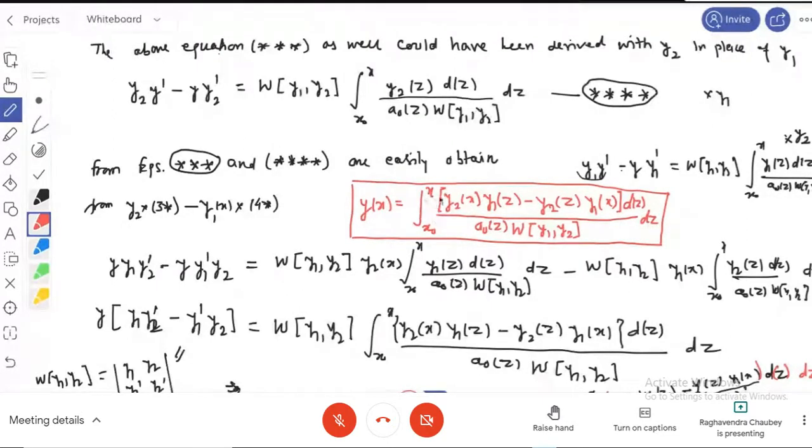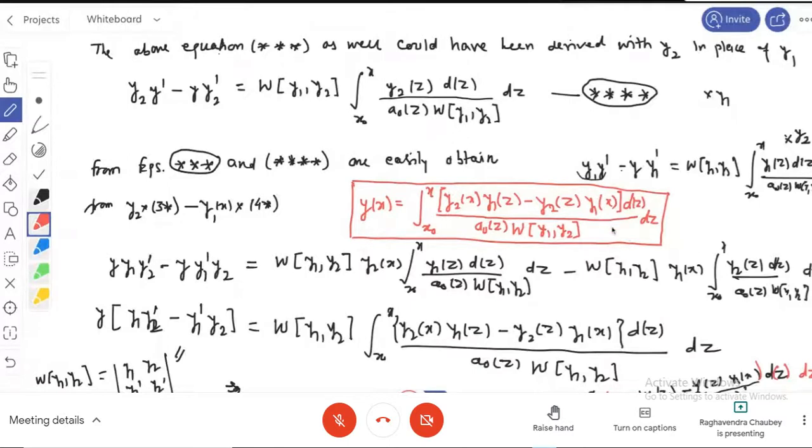If this is an initial value problem, then whatever conditions are given here, you put those in. And if this is not an initial value problem, you simply integrate this term and add some constant. Okay, so this is the final solution of a non-homogeneous linear differential equation.